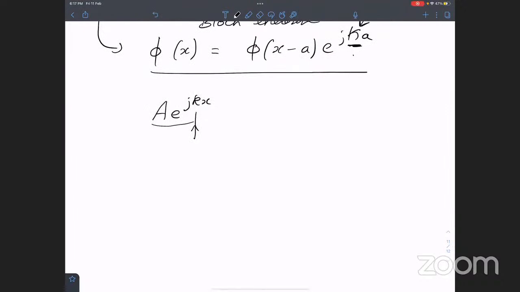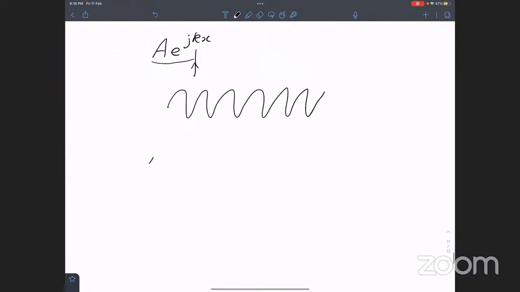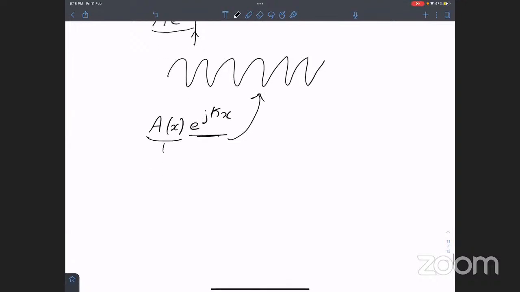Because if I plot this, it's going to look like a simple sine wave. But now I'm telling you another wave function, something that looks very complicated, e to the power jKx. This part looks like a sine wave only, but this part is complicated. It's changing, right?